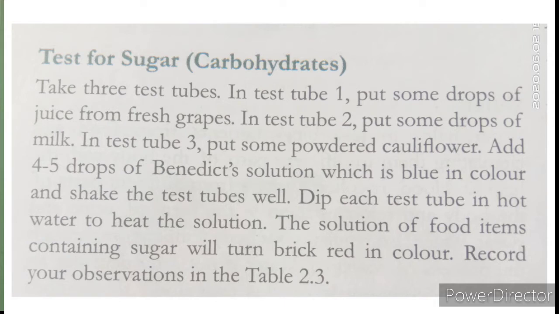Add four or five drops of Benedict's solution, which is blue in color, and shake the test tubes well. Dip each test tube in hot water to heat the solution, and the solution of the food item containing sugar will turn brick red in color.